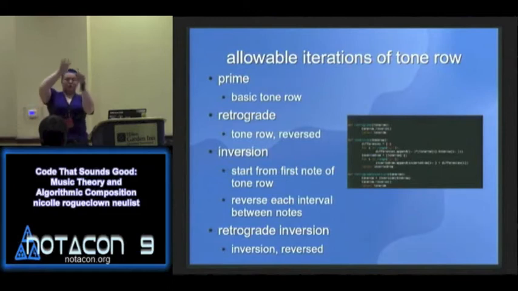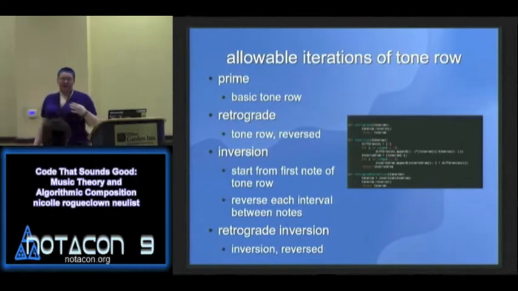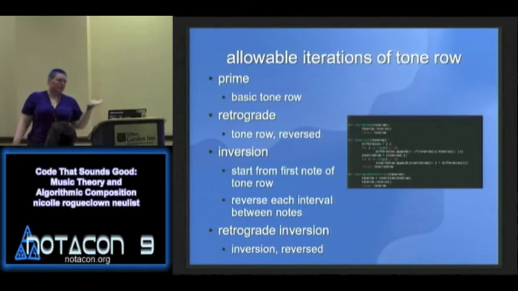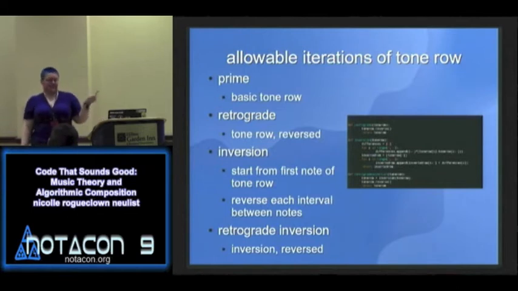In the original, you go up 2. In the inversion, you go down 2. You just reverse each interval between the notes. And so you might end up getting notes in your tone row in different octaves because you're going down when you're going up, or going up when you're going down originally, but you're still going to get the same 12 tones, but with the intervals inverted.